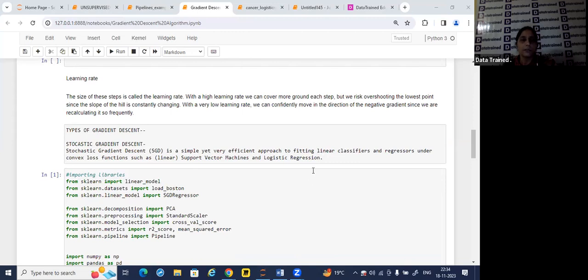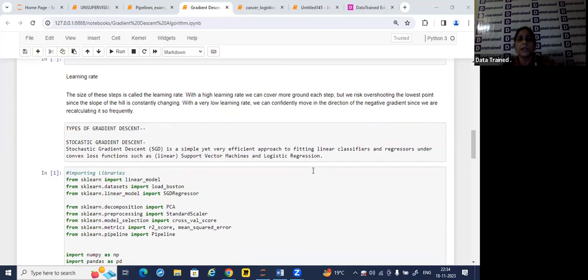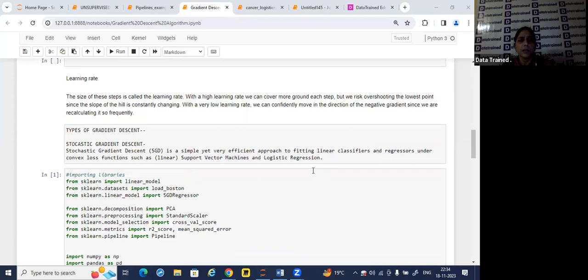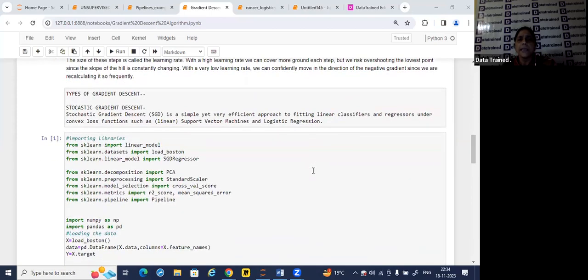When we talk about the gradient descent algorithm here, we have SGD regressor and SGD classifier. SGD regressor means stochastic gradient descent regressor. Just like we work with the other regressors, here we have one more algorithm as the regressor.